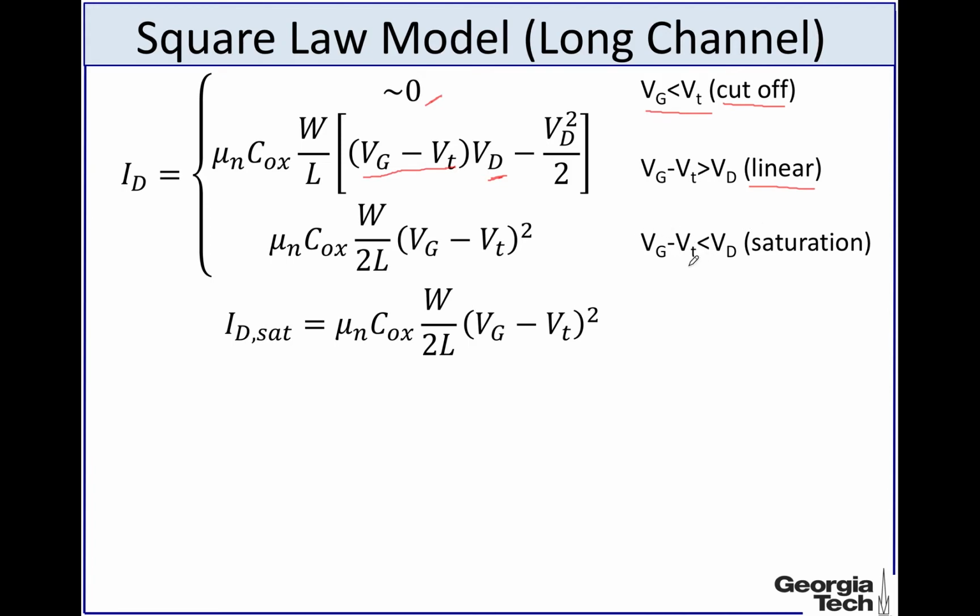And when the drain voltage is larger than VG minus VT, the current is proportional to the square of VG minus VT, and it does not depend on the drain voltage. We call this current the saturation current, and in saturation the current depends only on the gate voltage VG and not the drain voltage.